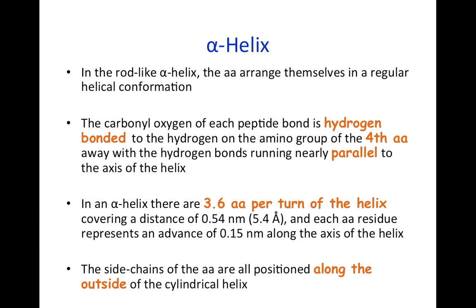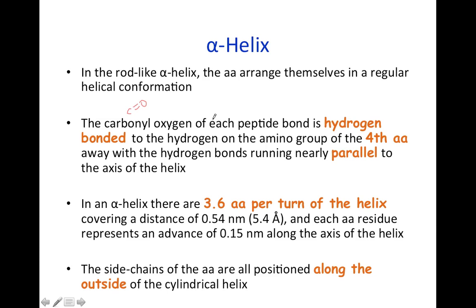So a lot of information there to digest, but it's very important that you know certain things. Like for instance, we need to do a little chemistry here. When we said carbonyl, this carbonyl oxygen, do you know what group that is? Alright, so I'm hoping that you correctly said it's a C double bond O. Alright?